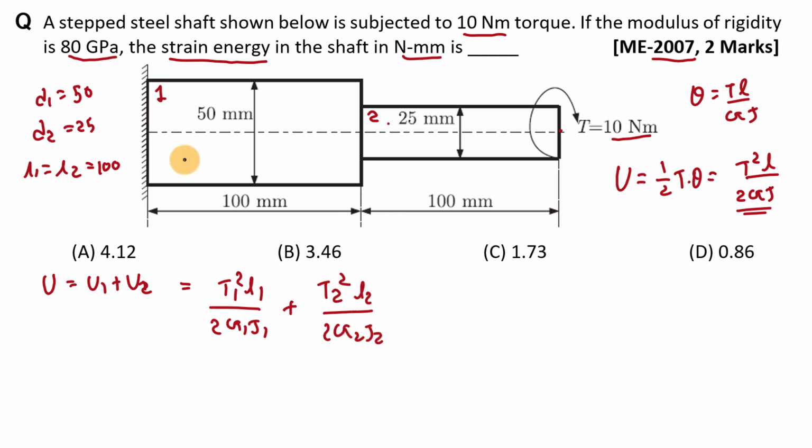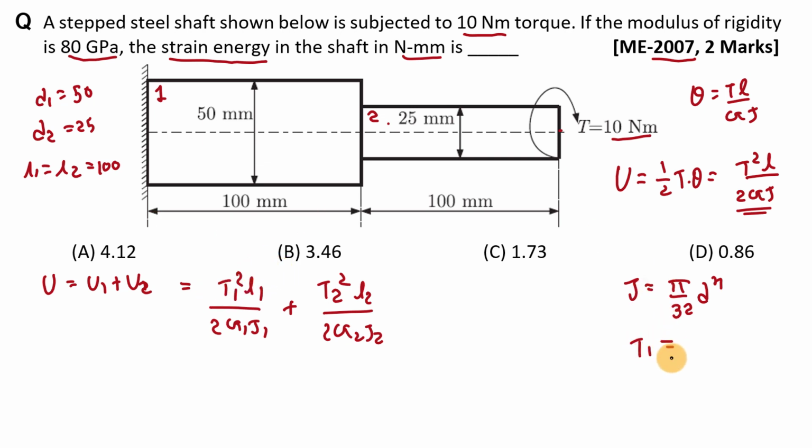Now in the question, diameter is given and we know that J is equal to pi by 32 d raised to 4. So we can find out J1 and J2, right? L1 and L2 are given and G1 and G2 are the same, that is given as 80 GPa. So here we only have to find out T1 and T2.